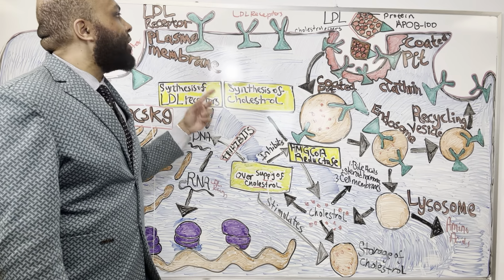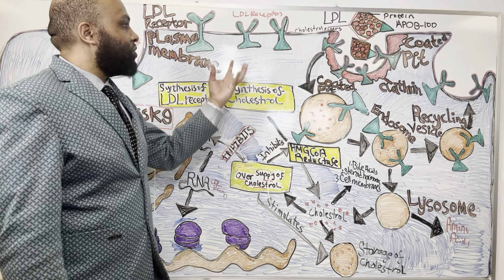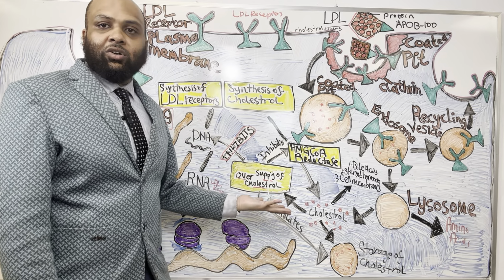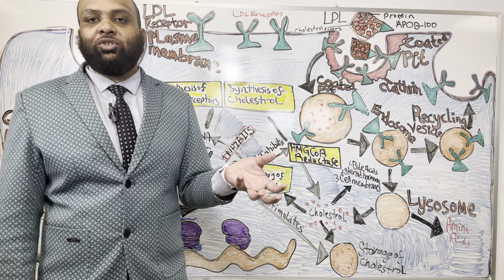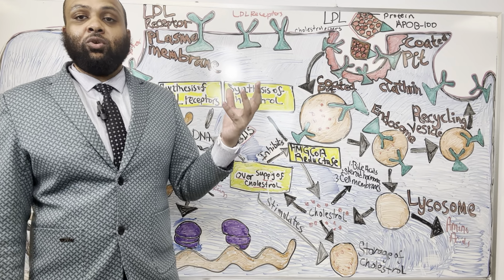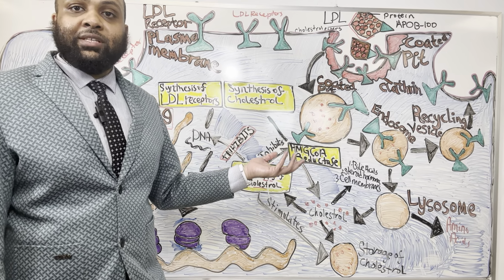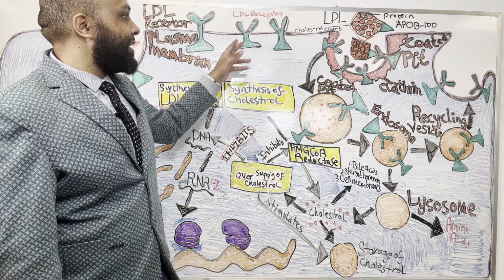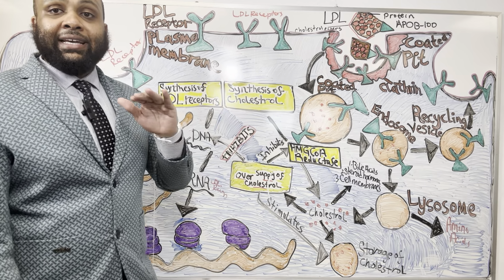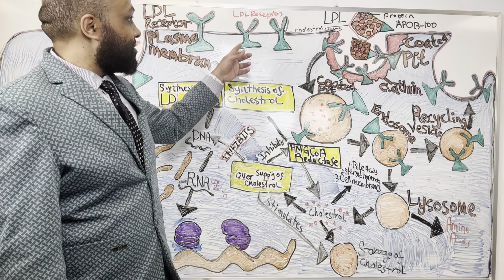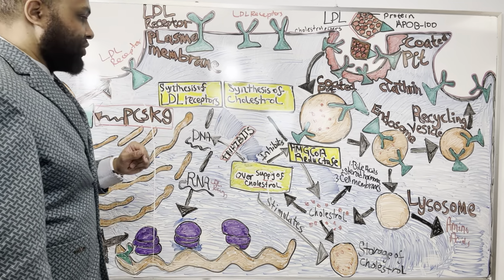So if we make more LDL receptors, we're bringing in more cholesterol, more cholesterol, and we already have a lot of cholesterol. The cells are going to be laden with so much cholesterol, there's going to be stress. So one of the ways the cell regulates cholesterol metabolism is by increasing LDL receptors when it needs cholesterol and inhibiting the synthesis of LDL receptor when it no longer needs cholesterol.